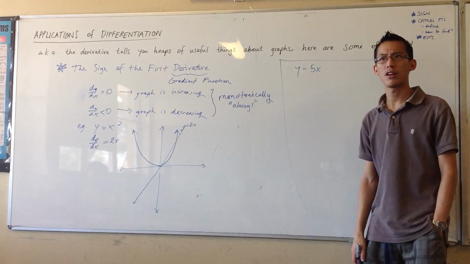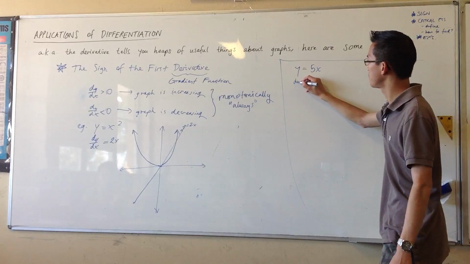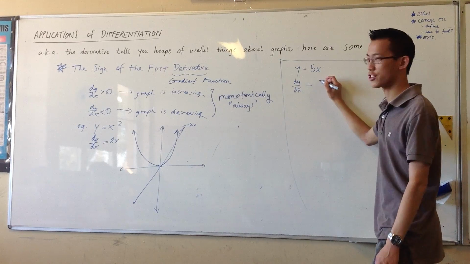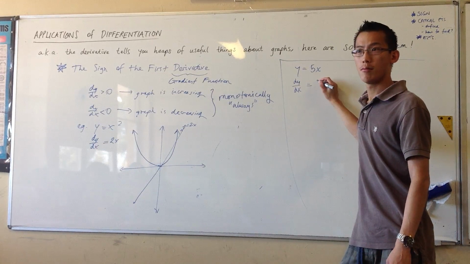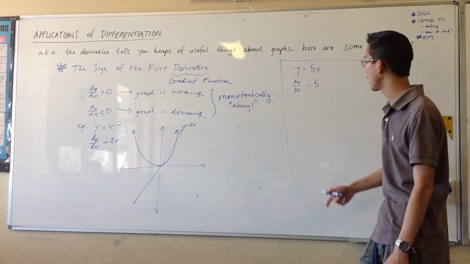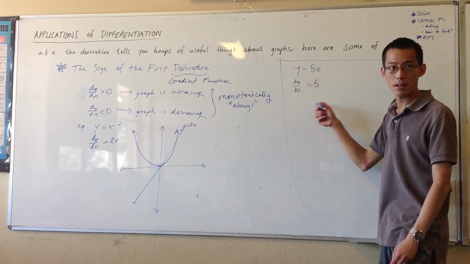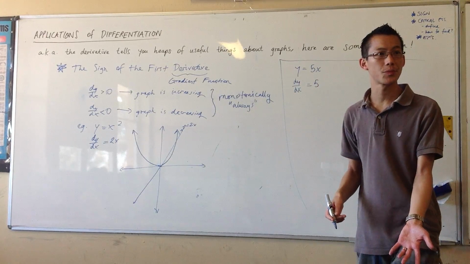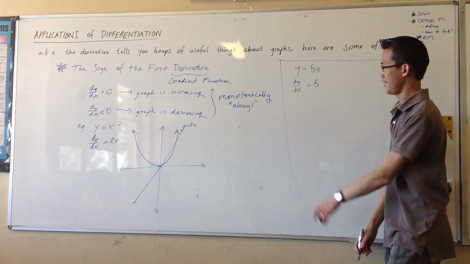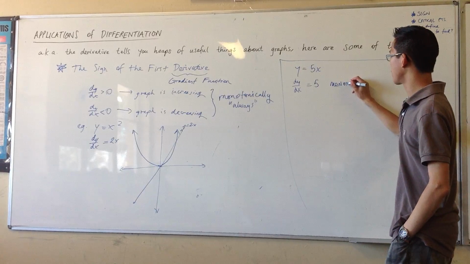Okay, monotonically increasing. I know it's monotonically increasing because when I take the first derivative, okay, it's just going to be 5, right? Because you're taking that, the power goes down, and so on. Okay, this is really 5x to the 0. Okay, so this number here, the gradient function, is always positive. Any value of x you put into it, it just stays at 5. Okay, so this is monotonically increasing.